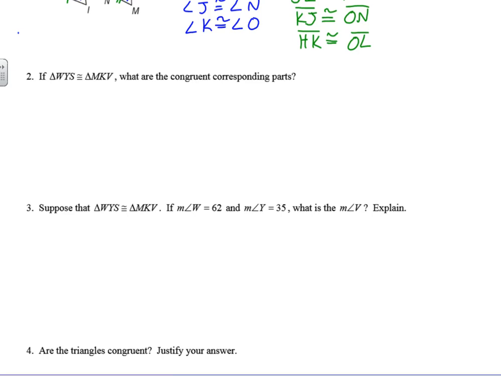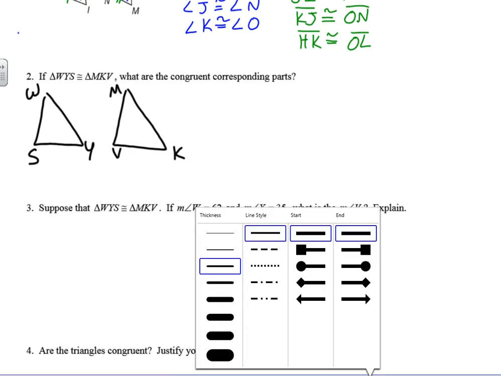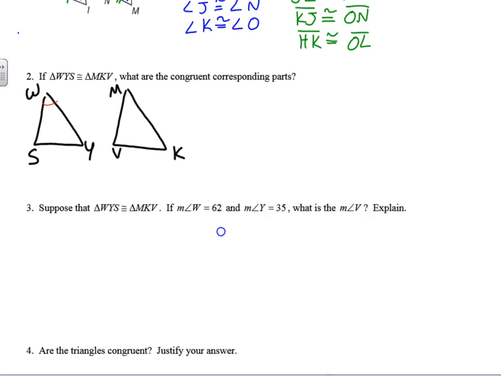You could do this without drawing a diagram, but I would recommend drawing one. Just make some triangle, W, Y, S, and I'm going to draw something that looks exactly like it, M, K, V. So in that order, now if we mark these, W and M, Y and K are congruent, and then S and V, 1, 2, 3.